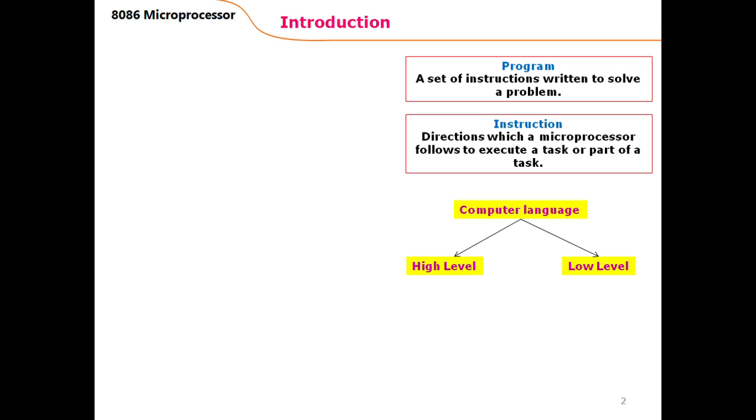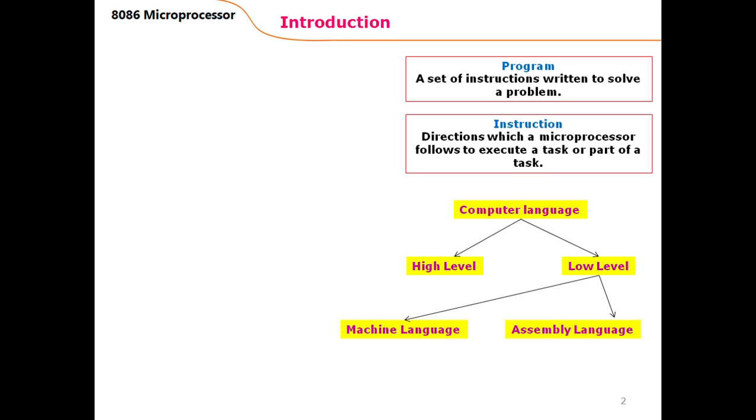Mostly the instructions given to the computers are quite similar to natural languages. And as they are quite similar or close in look or in syntax to natural languages, that's why they are easy for the programmers, for human beings, to understand and to remember.